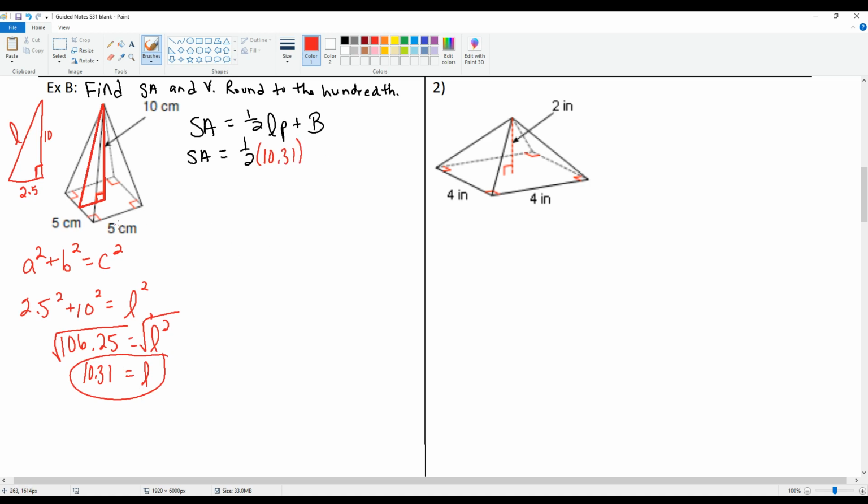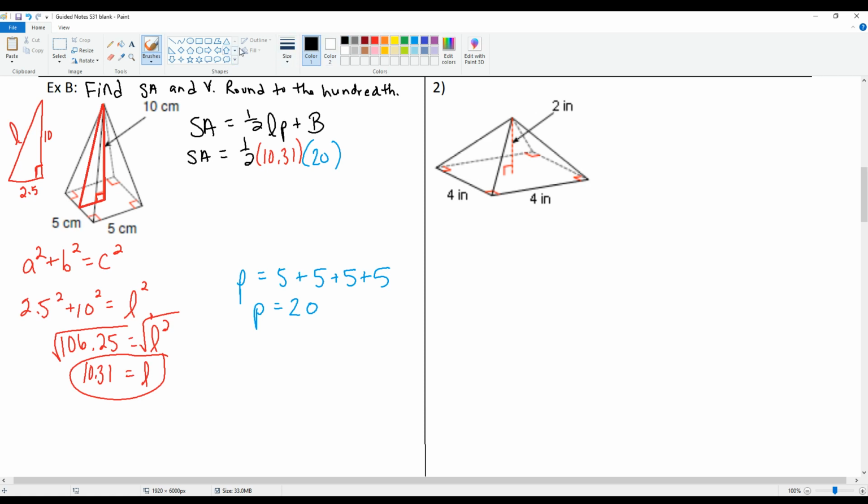Next is perimeter. This is the perimeter of the base. It's a square, and each side has a length of 5. So the perimeter is those sides added together. You could also do 4 times 5 because they're all the same, but either way, I get 20. That gets plugged in right there.